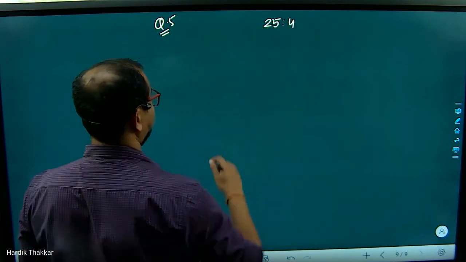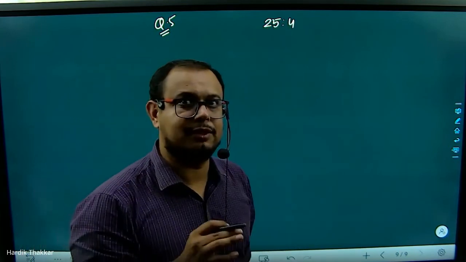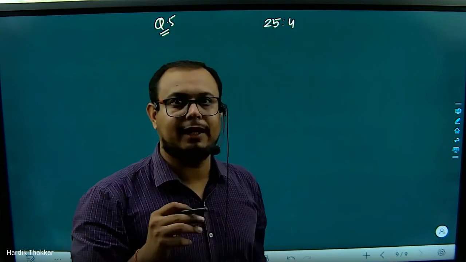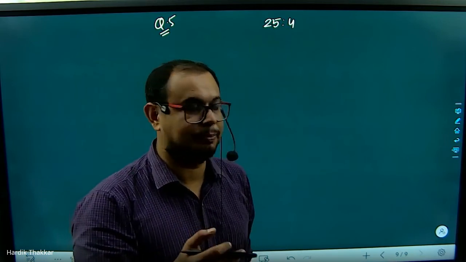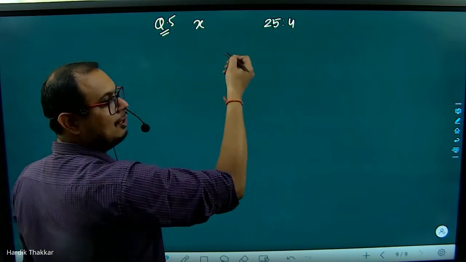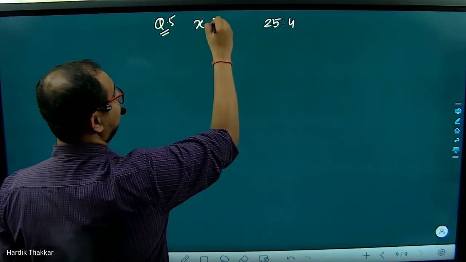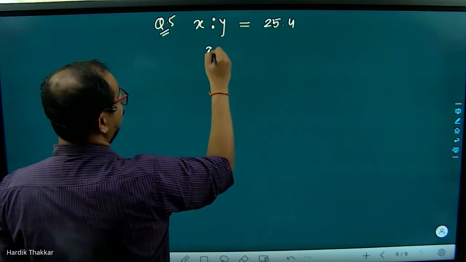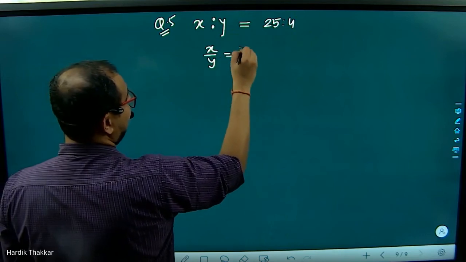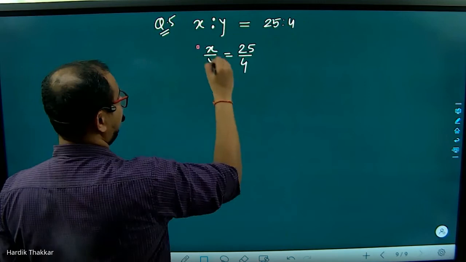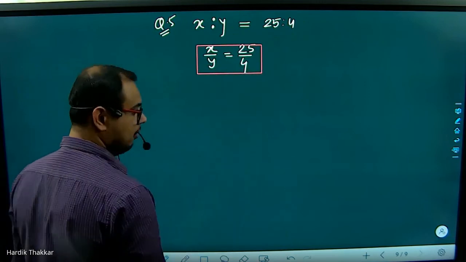This is the speed of boat in still water and the speed of stream. So speed of boat we consider as x in still water, and speed of stream we consider as y. So x is to y is given to you. So here x upon y is equal to 25 by 4. Correct? This is what is given.